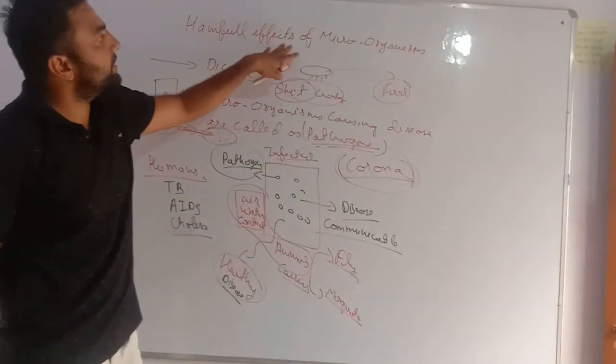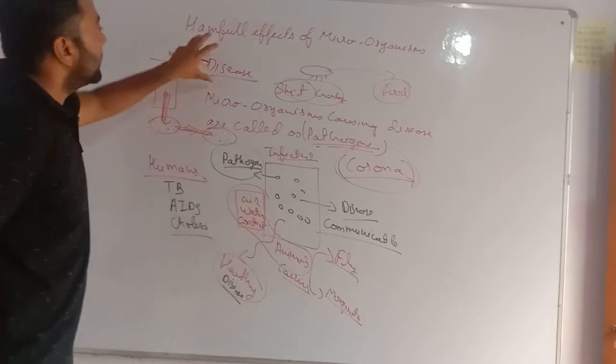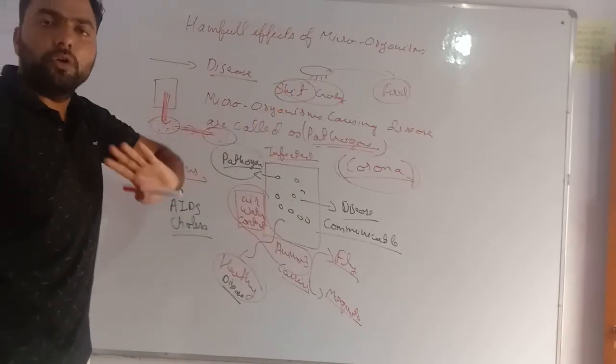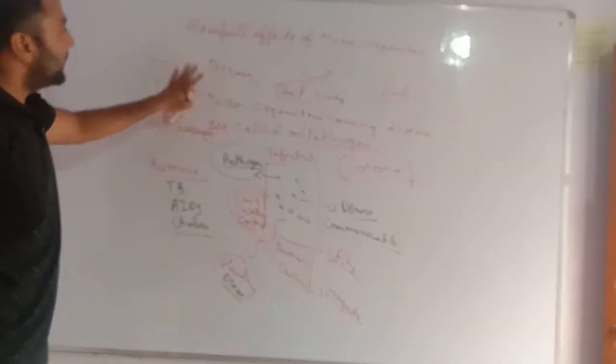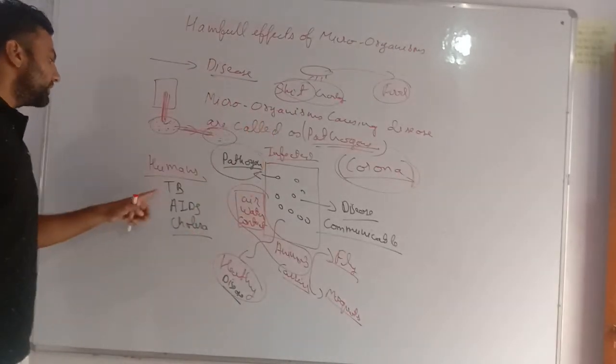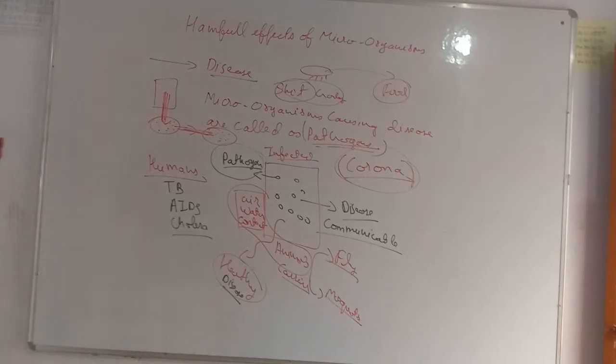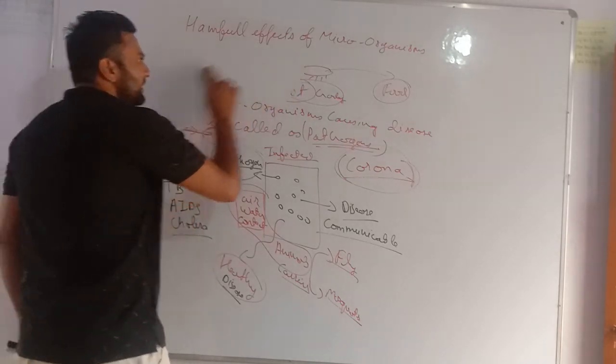So the harmful effect of microorganisms is that they cause diseases. They have challenged the whole human race many times. Nowadays, coronavirus is a great challenge. Humans get many diseases such as TB, corona, and many other diseases.